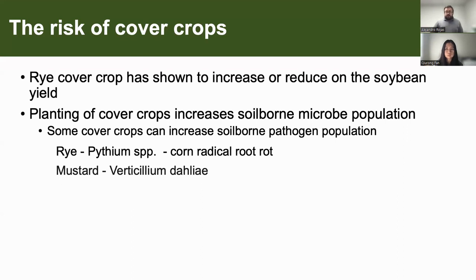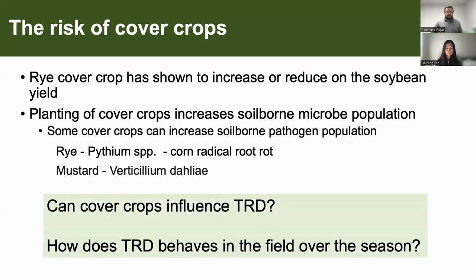But thinking about the biology with an emerging disease that we have, that is the taproot decline, we are asking the questions, can cover crops influence taproot decline? Is cover crop a good way to manage taproot decline? And the other question that we have overall, the big umbrella for this research, is how taproot decline behaves in the field over the season.